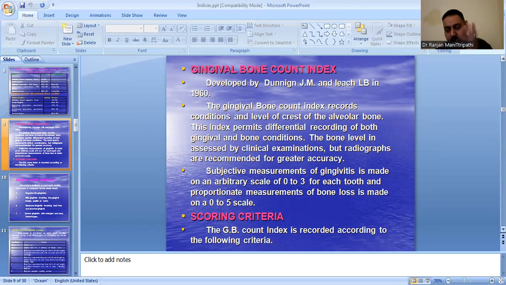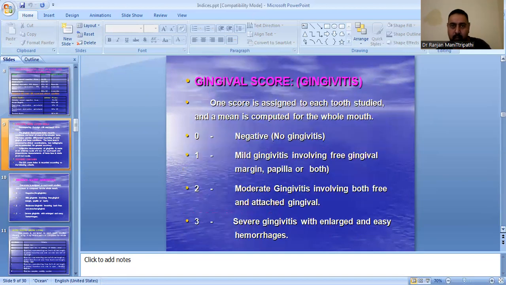Now, if we talk about scoring criteria, the gingival bone count index is recorded according to the following criteria.